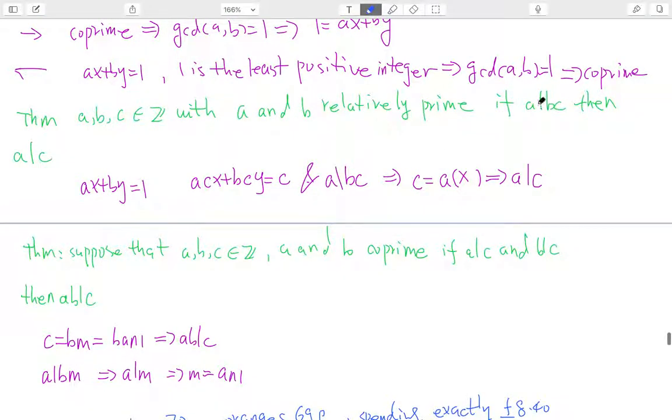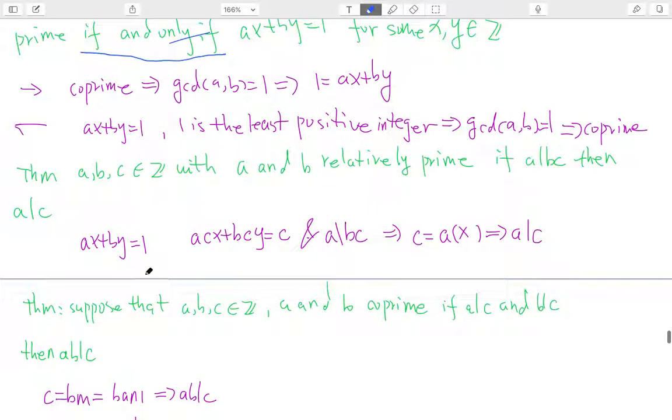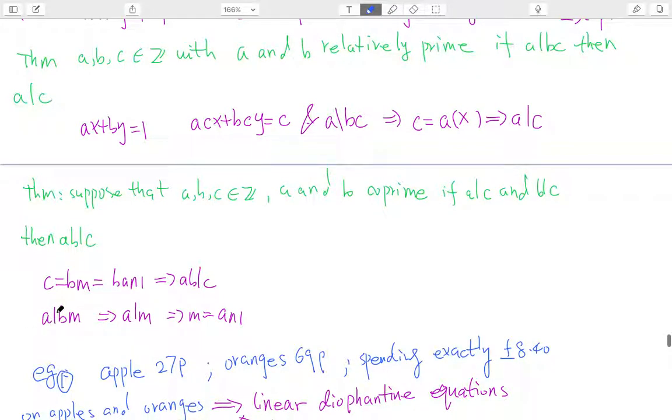If A divides BC and A and B are coprime, then A divides C. So now, if A divides B times M and A and B are coprime, as has been stated, then A divides M. That means M is equal to some multiple of A. And you just substitute it back, and from that you can see that AB divides C. And that ends the proof.